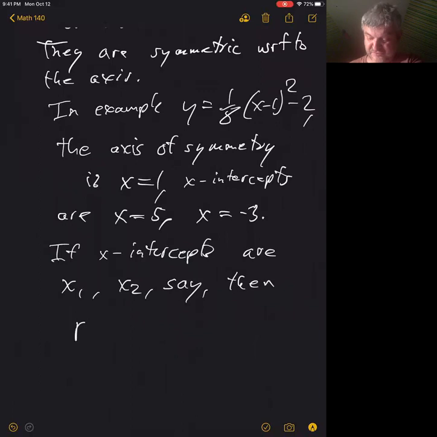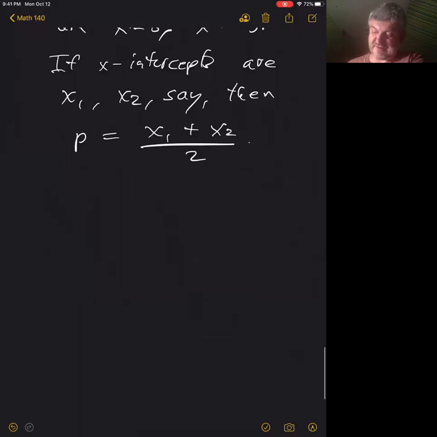It's the average. p is (x1 plus x2) over 2. And that might also help at some point if you know the x-intercepts. Let's do an example where that helps.